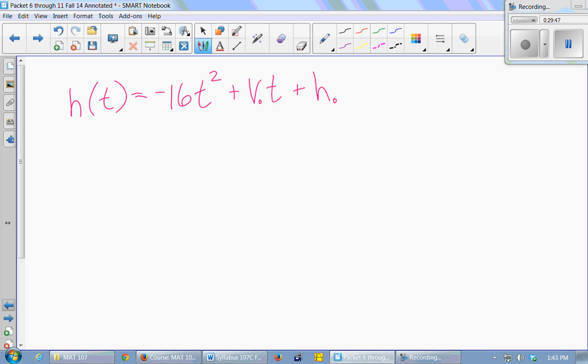And it looks crazy. V naught means initial velocity, or speed. You read that little sub-zero as naught, as in N-A-U-G-H-T, nothing. It represents velocity at time 0. That's why we put a little 0 there.